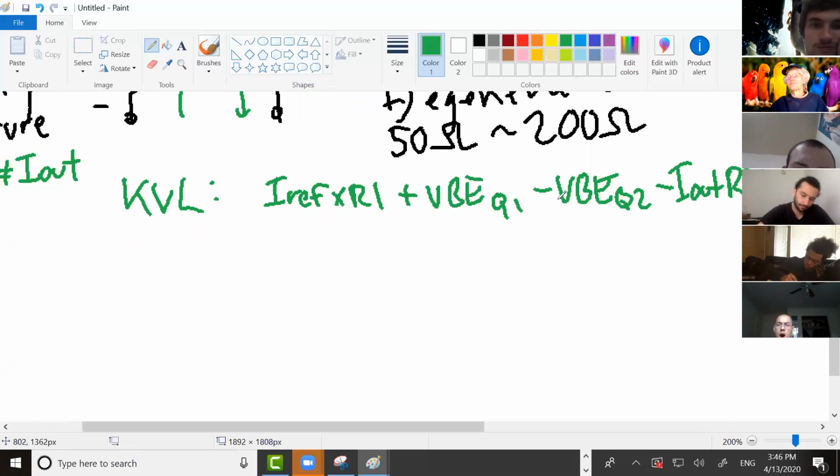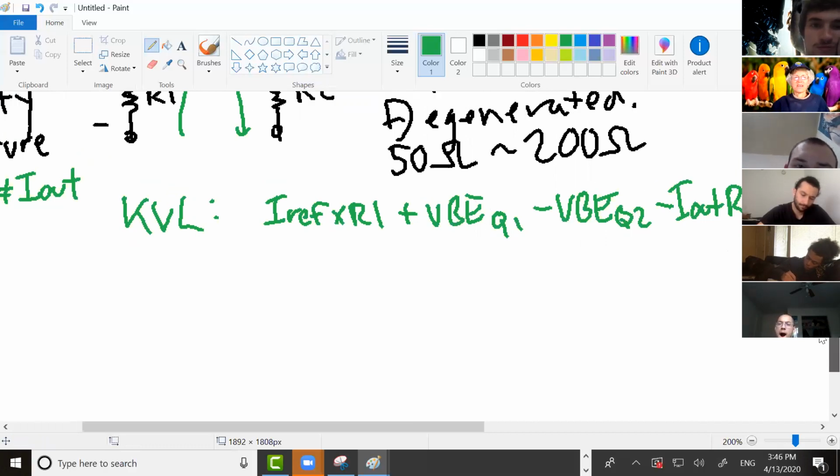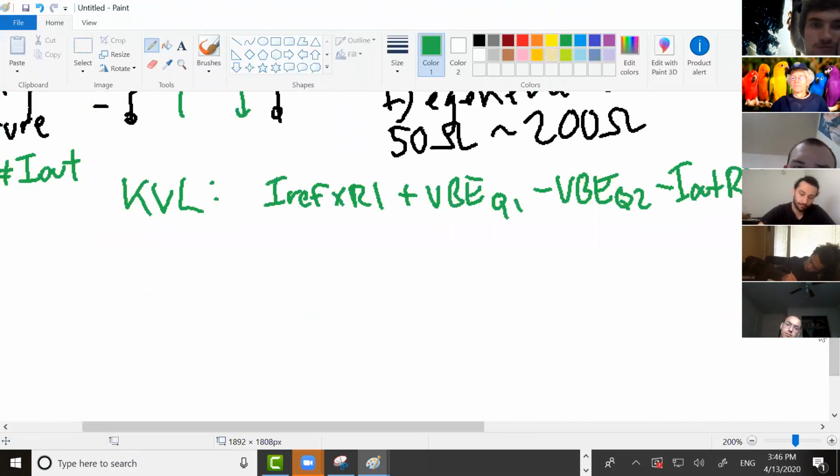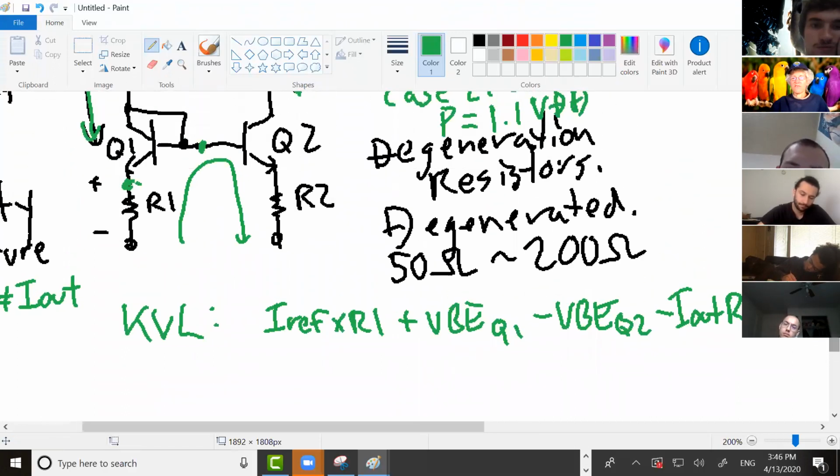And this is really hard for me to justify, but I'm going to try. This calculation, this KVL, this R1 and R2 is actually changing the emitter voltage. R1 and R2 are actually messing with the emitter voltage, and just like when you were looking at degeneration resistors and why they protect against current runaway, they change the emitter voltage, therefore turn down VBE.